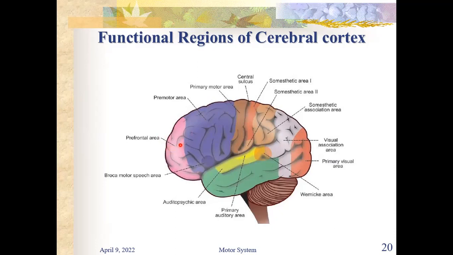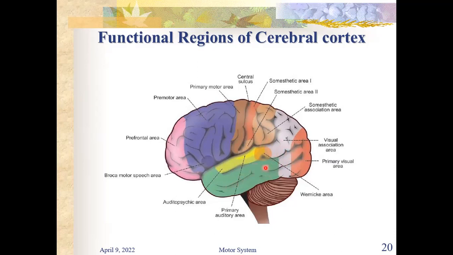This is the prefrontal area that I've been talking about. Then we also have the Broca's speech area, located in the premotor area. This is the area that is concerned with speech, movement of the muscles of the mouth for speech, the Broca's motor speech area.